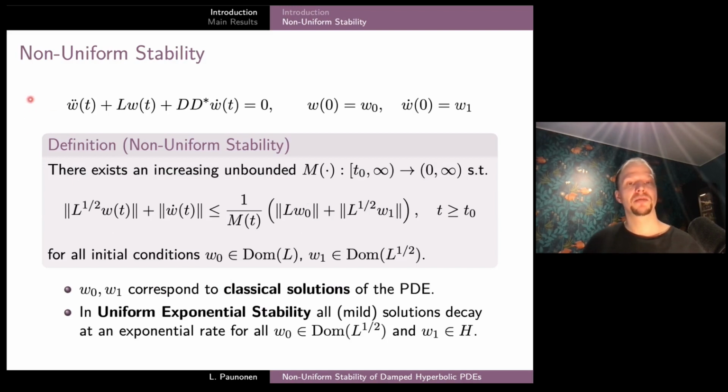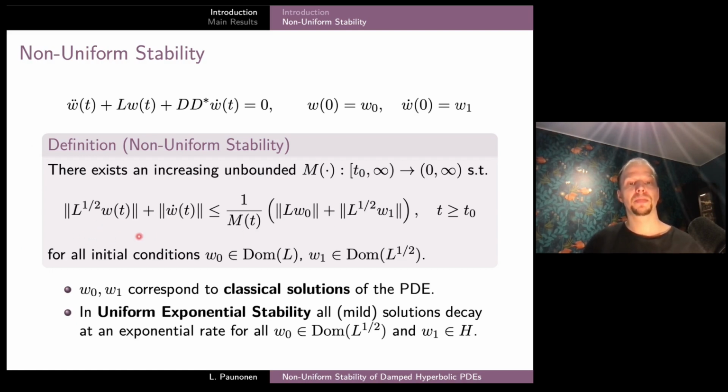For abstract differential equations, there are different forms of convergence and so-called stability of the differential equation, and we're specifically interested in this so-called non-uniform stability of the equation, which is defined in the form shown here.